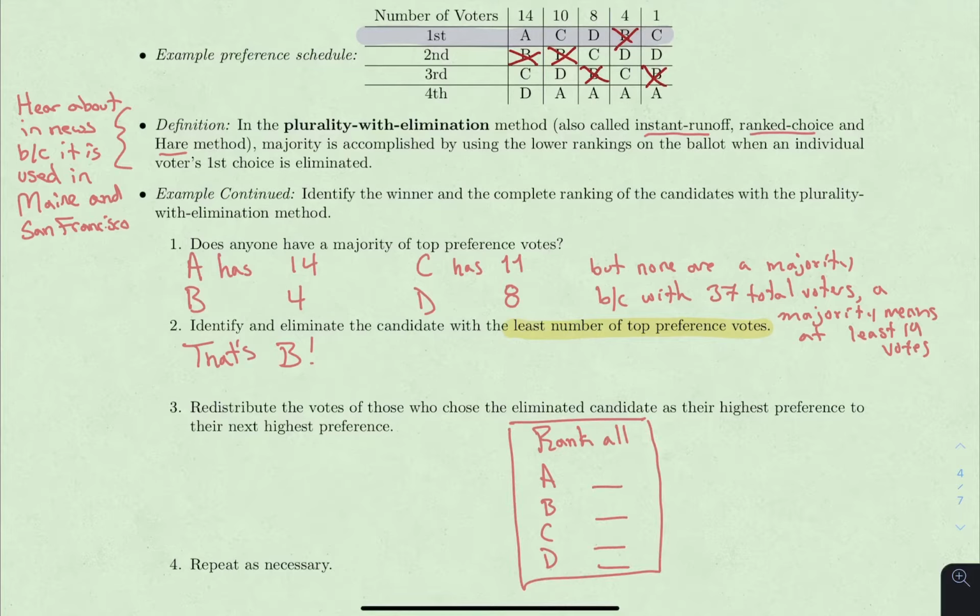There were some diehard fans who said B is number 1, then wrote D is second, C is third, and A was fourth.